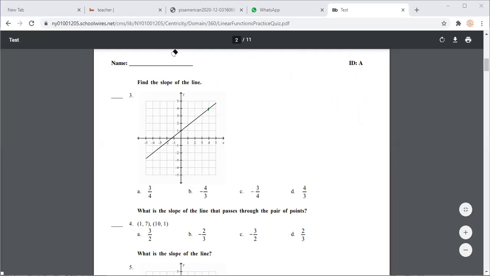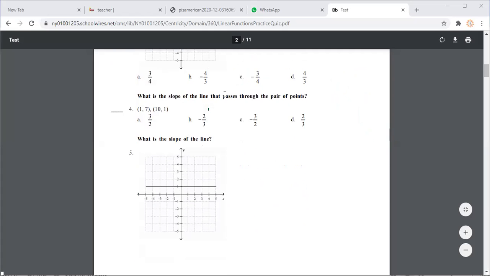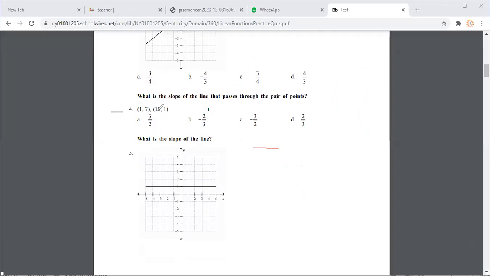The next question is how we can calculate the slope from 2 points. I think it's easy to calculate this one directly. It will be 1 minus 7 over 10 minus 1. 1 minus 7 is negative 6, over 9.